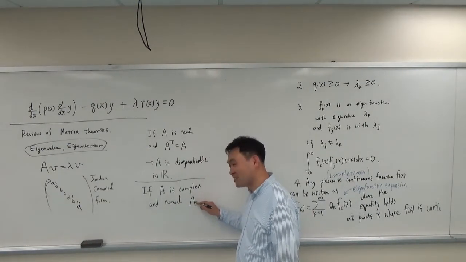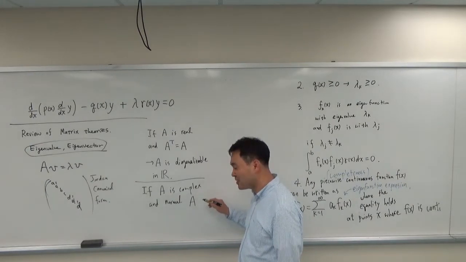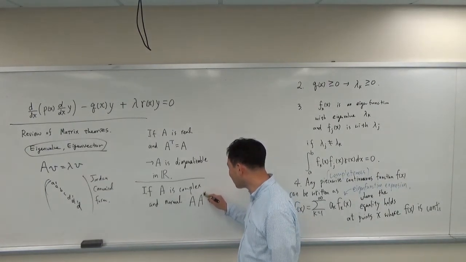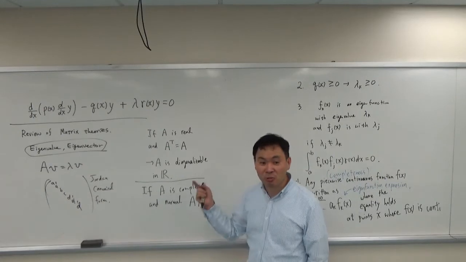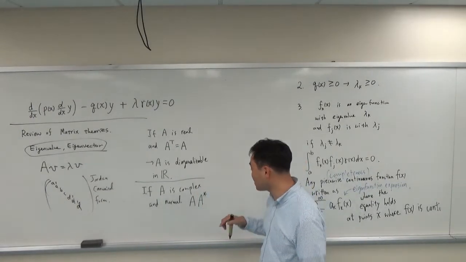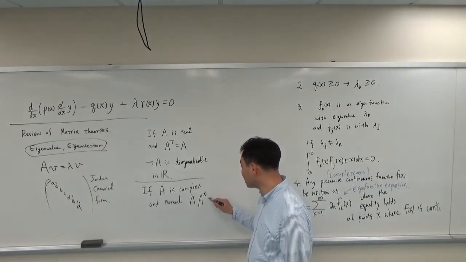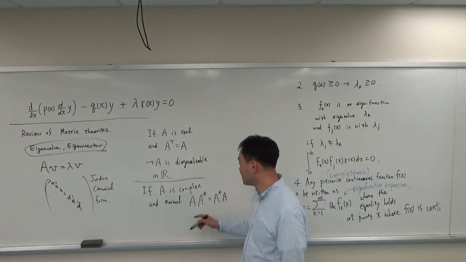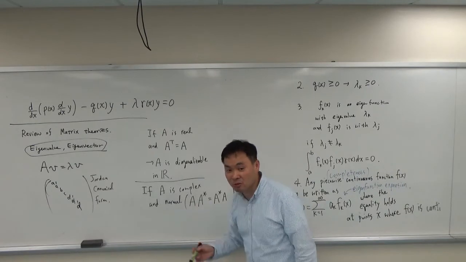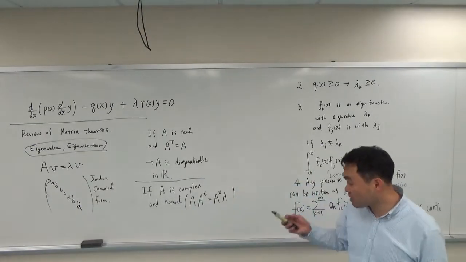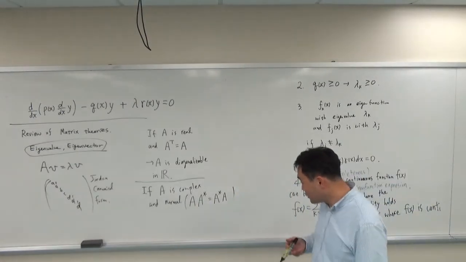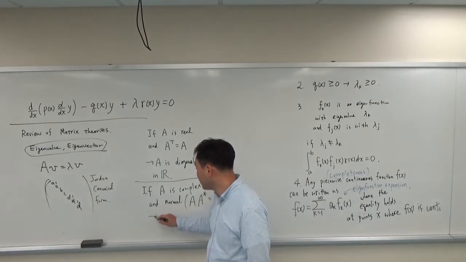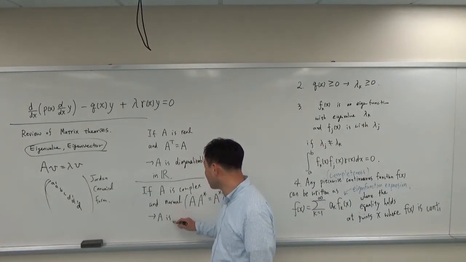A adjoint times A, A times A star, where star means you take the transpose and do the complex conjugate. If A A star is the same as A star A, this is what normal means. So a normal matrix is something that satisfies that. Then A is diagonalizable.